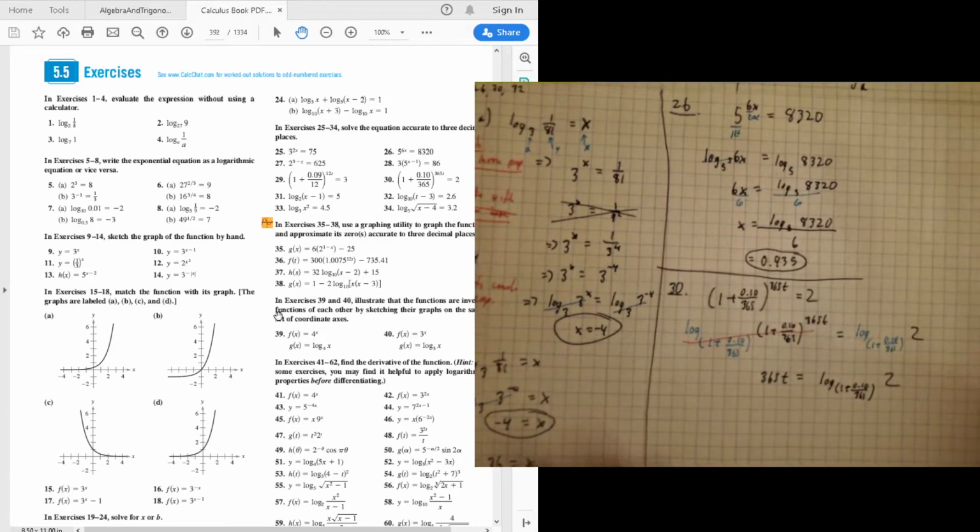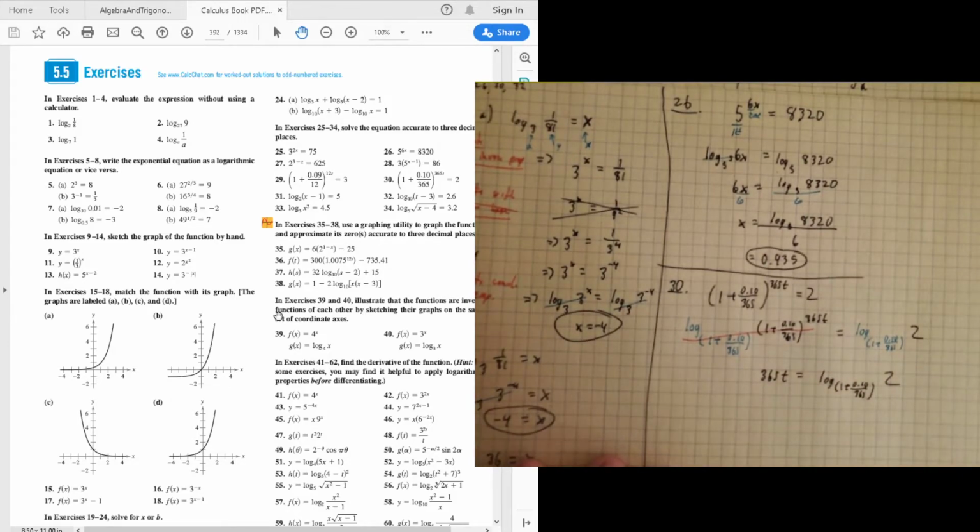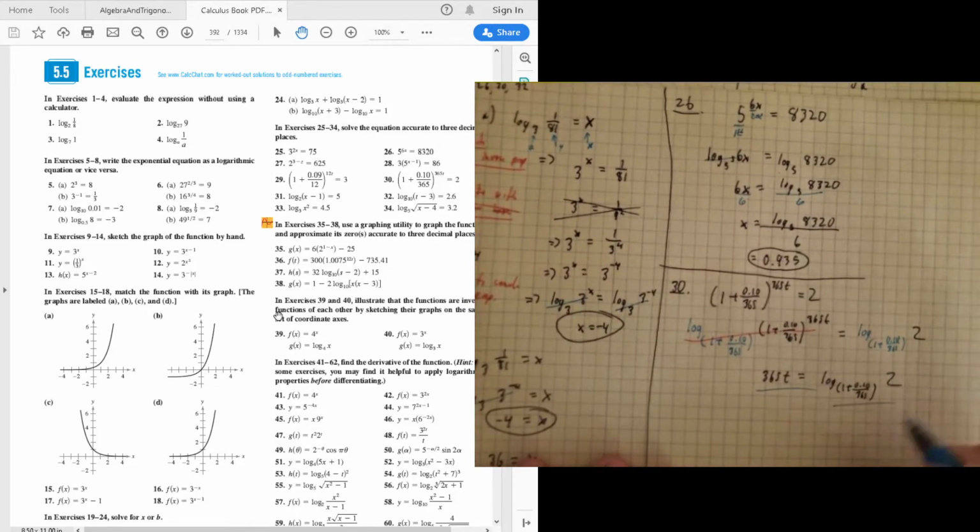Okay, now from here, all I have to do is figure out what t is by division. So I'm going to take both sides, divide by 365.